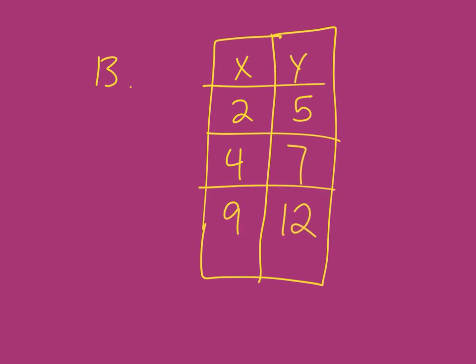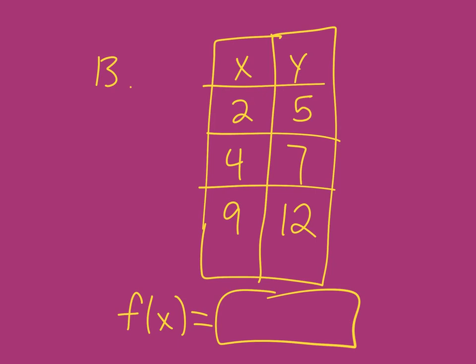So find the pattern. They might not give you every coordinate point that you need. You might have to just use the pattern to figure out more. But you just need to tell me what does f of x equal? So that will be your answer. Okay? Any other questions?